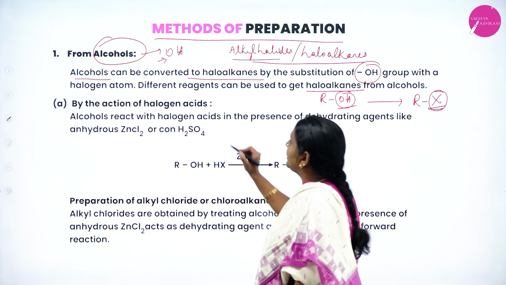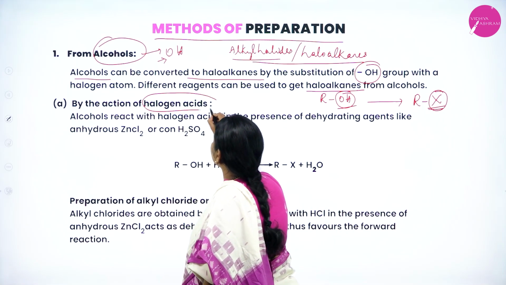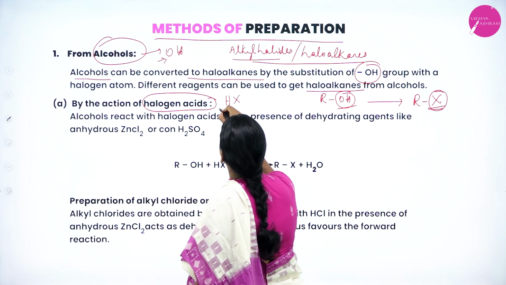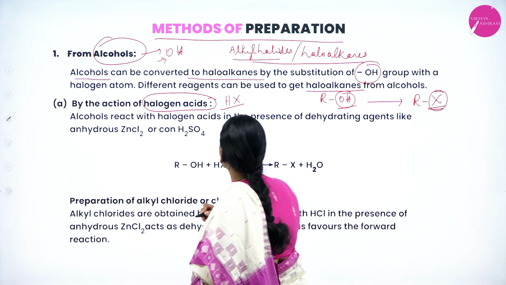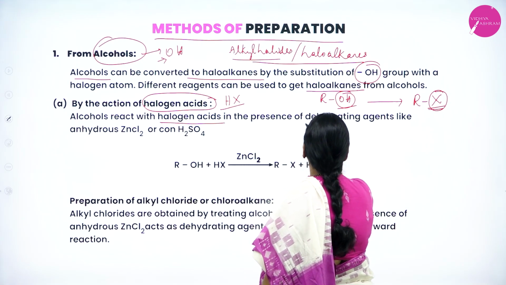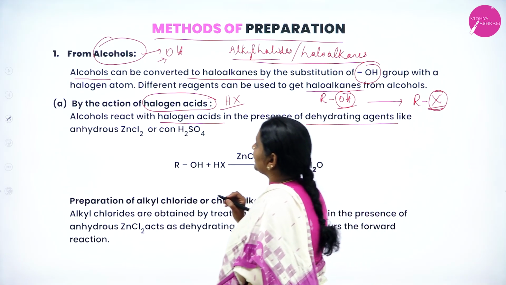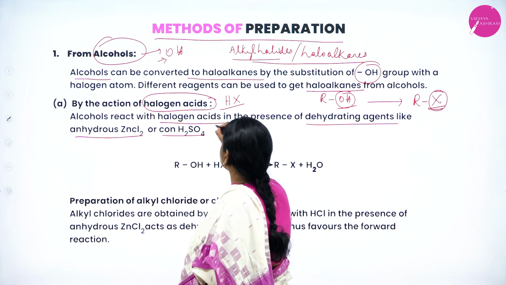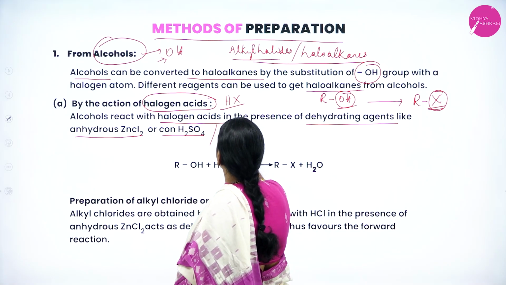Okay. It can be done by adding halogen acids. General formula of halogen acid is HX. But while adding halogen acid, you have to add dehydrating agent like either anhydrous zinc chloride or concentrated H2SO4 or H3PO4.